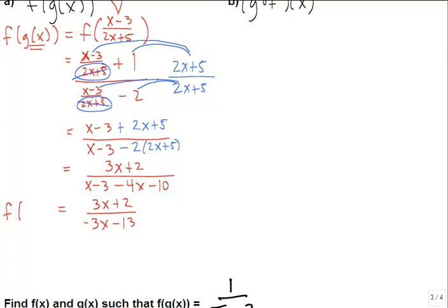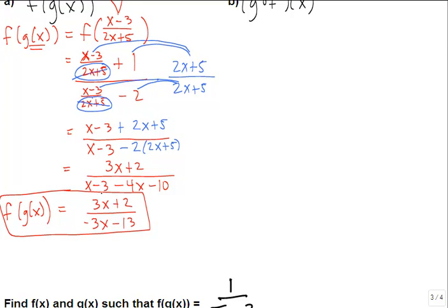So this is our sort of cleaned up rule for what the formula would be for our composition of our two functions. Now that's not actually our answer, because they didn't want to know what the rule was. They wanted to know what the domain was. So this is how we're going to find our domain.